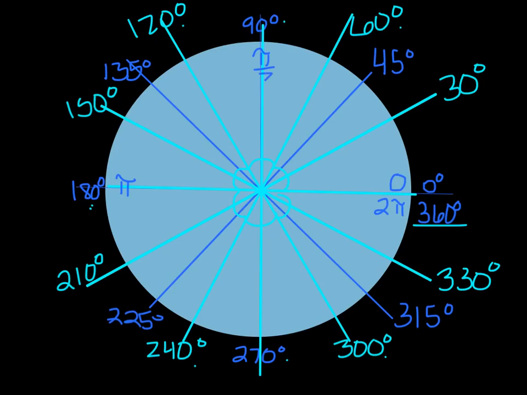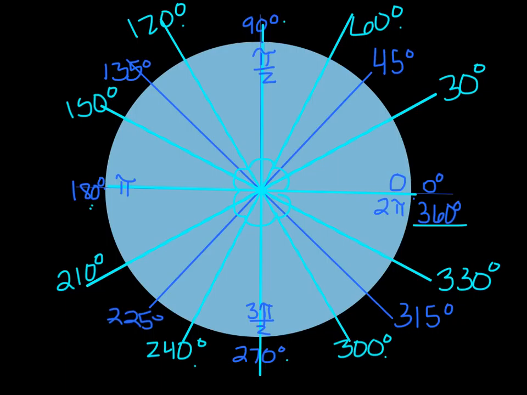Pi over 2 radians. So that's half. That's 2 halves, which is 1. Down here we have 3 halves, 3 pi over 2 radians. And then all the way around is 4 halves. Each of these quarters of the circle is a half of a pi. And so we have 4 halves, which is 2 pi all the way around.